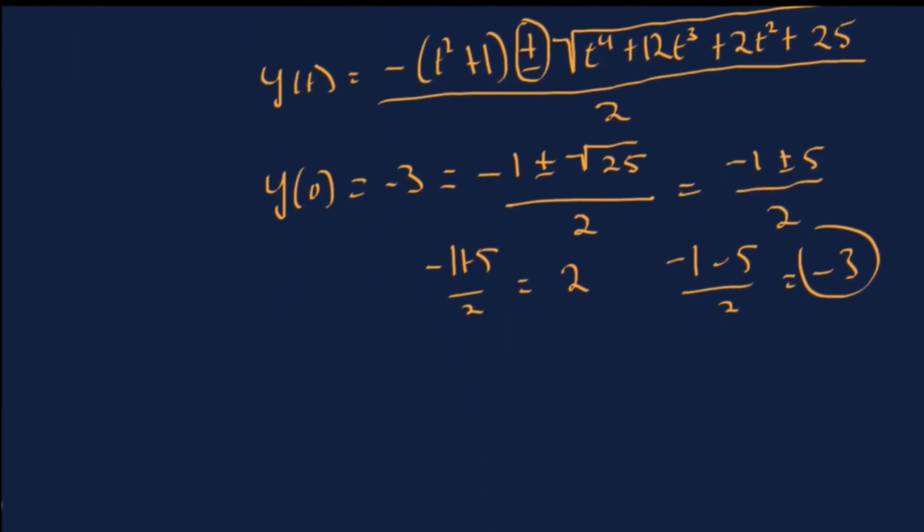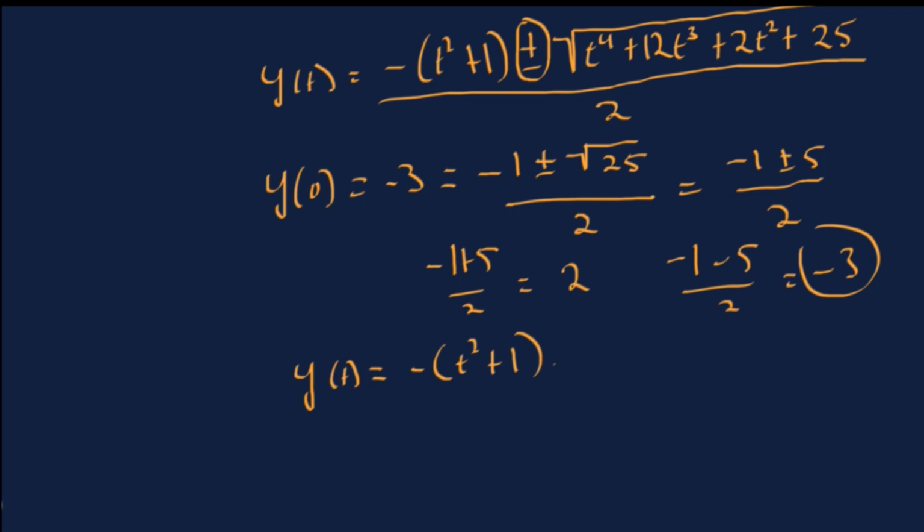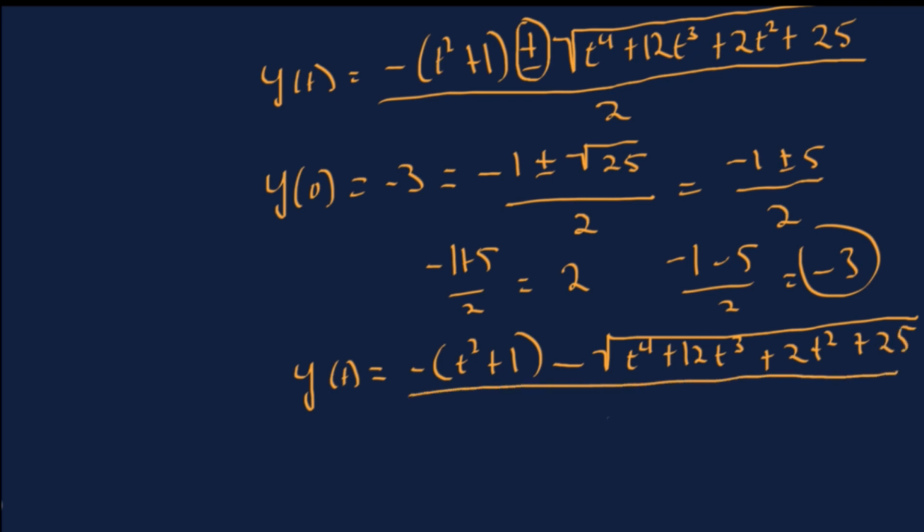And so the final solution, the particular solution of this equation would be y of t is equal to negative t squared plus 1 minus the square root of t to the fourth plus 12t cubed plus 2t squared plus 25, all of that over 2.